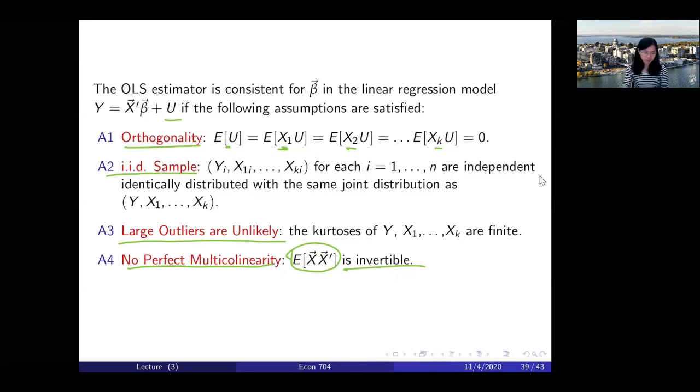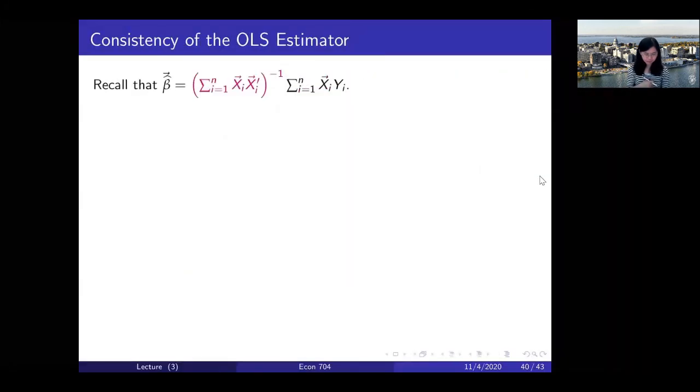Now let's try to prove the consistency of the ordinary least square estimators under these four assumptions. To do that, we start with the explicit formula that we derived in the last lecture for the ordinary least square estimator, which is this. The first thing we do is multiply 1 over n to this summation and also multiply 1 over n to the summation inside the bracket.